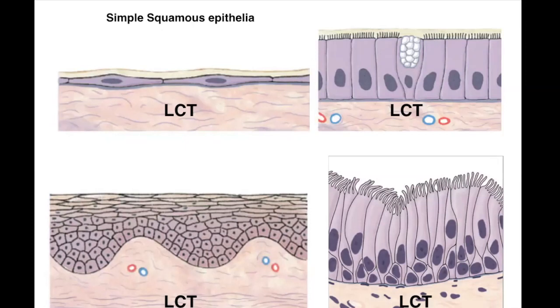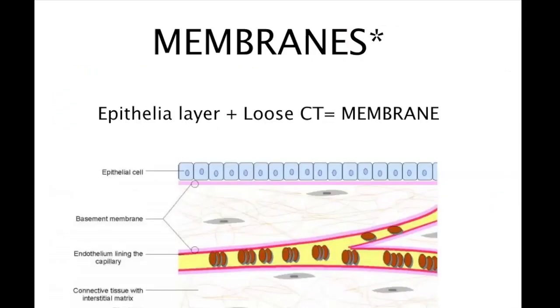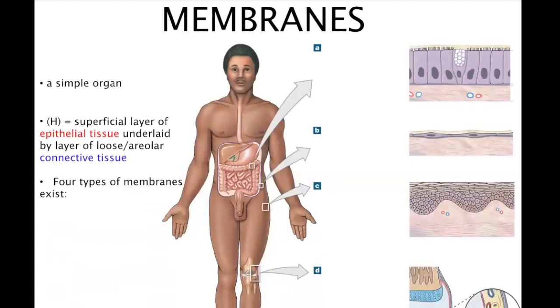And so when you combine these two together, you're going to get a membrane. And the definition of an organ is two or more tissue types working together to perform a common function. So a membrane is our simplest organ. And the structure of it, or histology in this case, is a superficial layer of epithelial tissue underlaid by a layer of loose connective tissue.